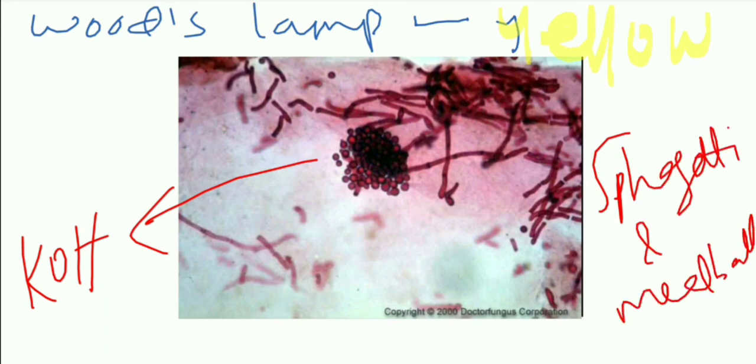The meatballs are the spores, and the hyphae become the spaghetti. We also say there is a grape and banana appearance. Again the same: grapes are the spores and bananas are the hyphae. So these are the investigations you can do, KOH and Woods lamp.